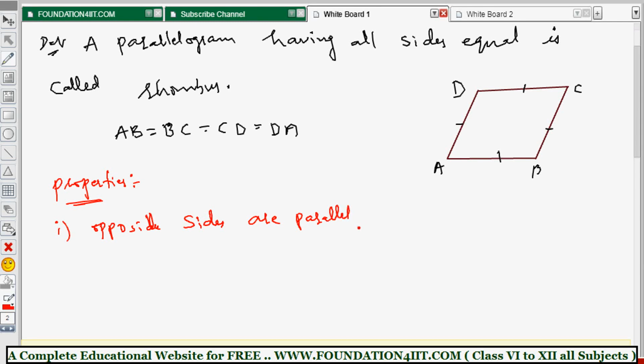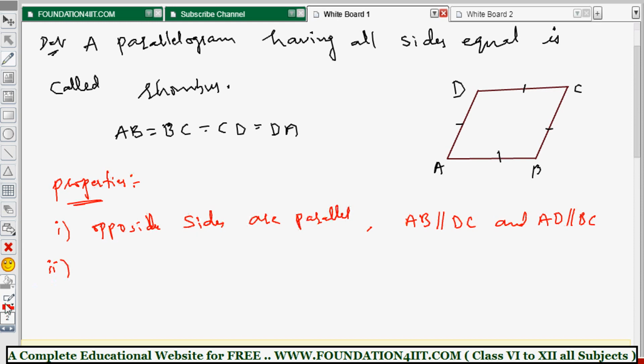So the distance between the two line segments is the same, nothing but they are parallel. You can write AB is parallel to DC and AD is parallel to BC. This is the parallel symbol.